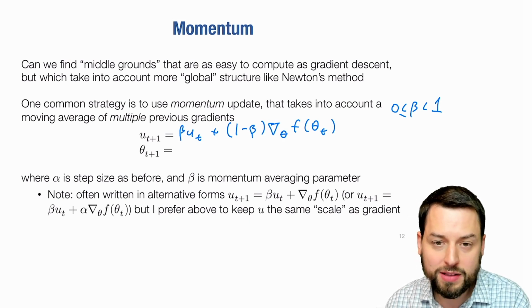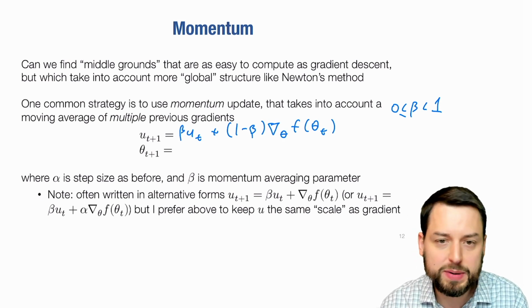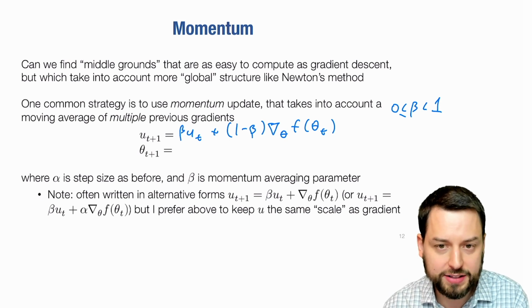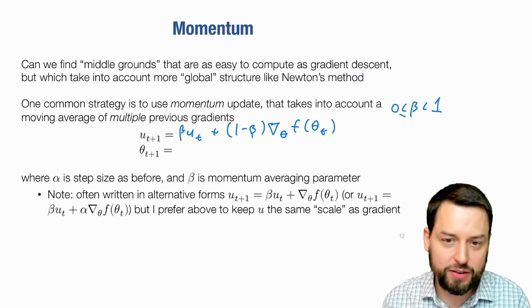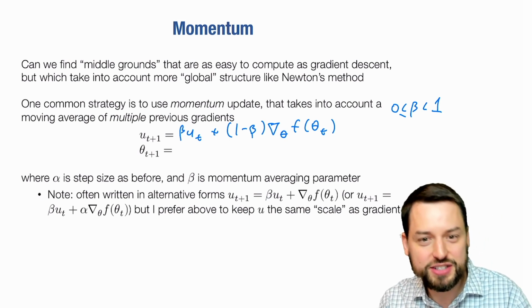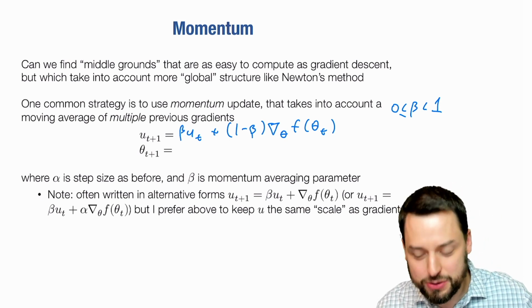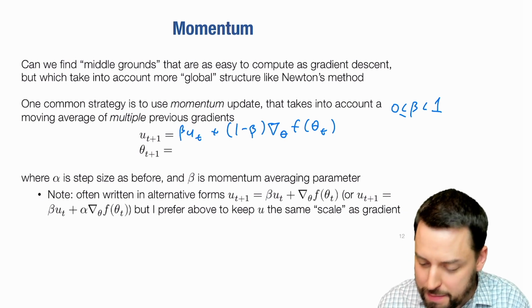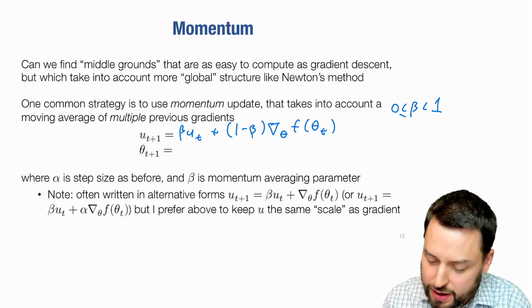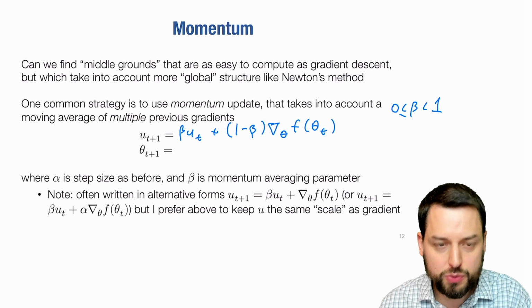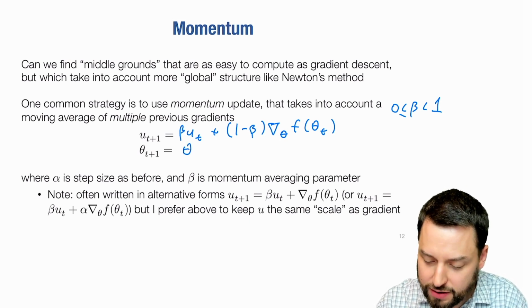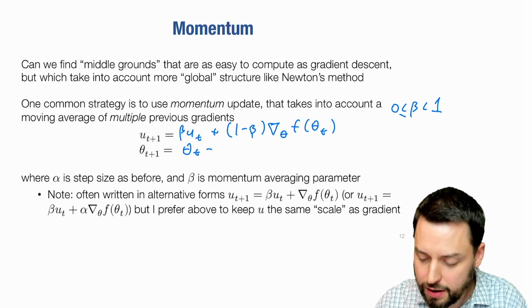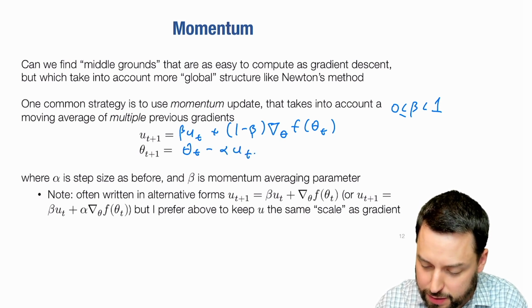So what the momentum term does is it computes what's called an exponential moving average of our gradients as we go, because it ends up being essentially a geometric series of the past gradients that we've seen. And then what we're going to do is take our update not in terms of our gradient, but in terms of this momentum parameter, so it's going to be u t plus 1.